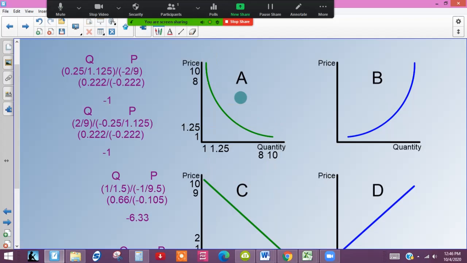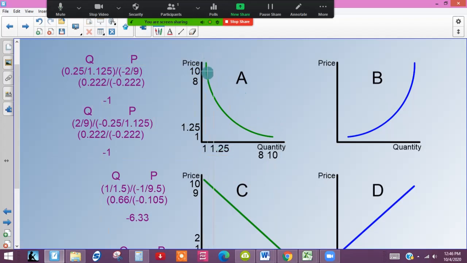Well, if we start off up here, let's see what I did here. The quantity, I said, okay, right. So we start off moving from here to here, right? This is going to be a big change in the price, 10 to 8, relative to a very small change in quantity.